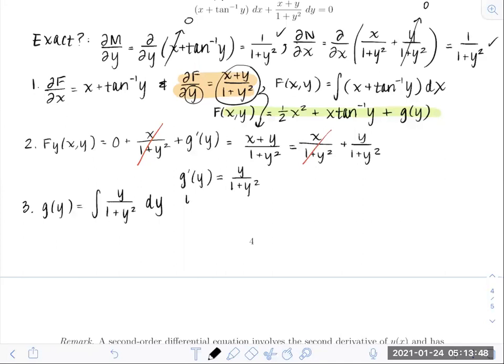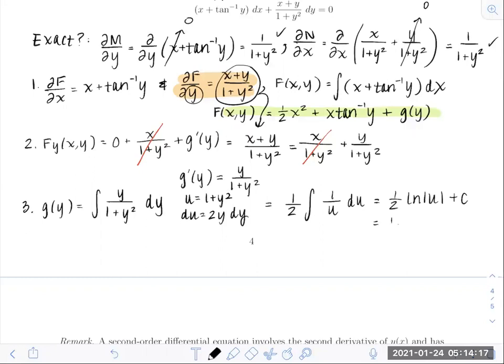Let's go ahead and set up a u substitution here for the denominator. So du is 2y dy. So this gives us a 1/2 integral of 1 over u du, which gives us a 1/2 natural log of u plus c, or that's an honest to goodness scalar constant of integration.